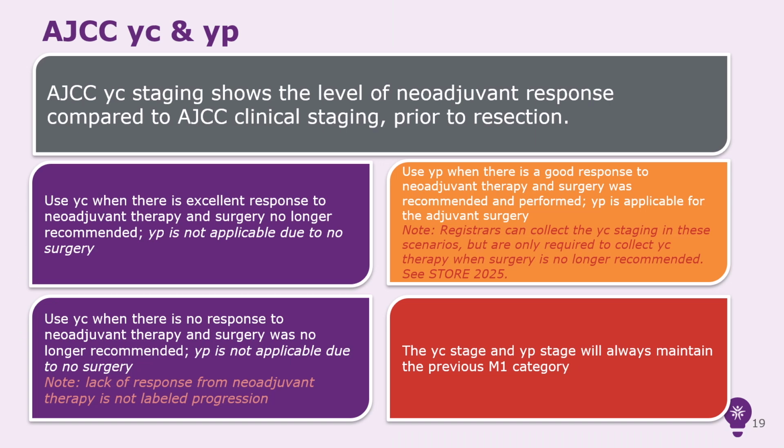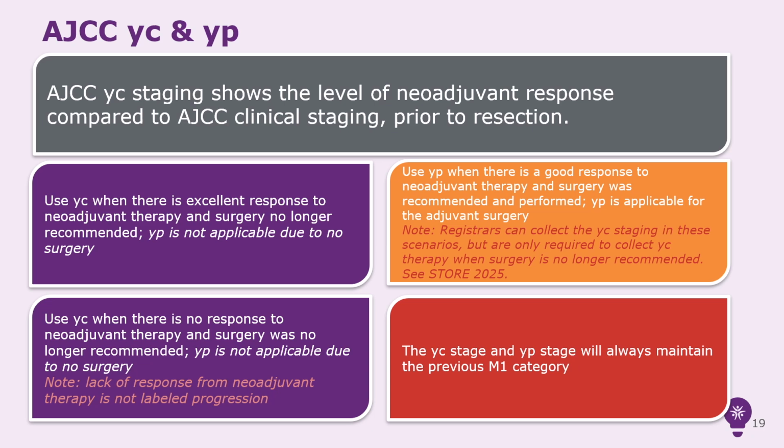So AJCC staging, yC, shows the level of neoadjuvant response compared to AJCC clinical staging prior to resection. We use yC staging when there is excellent response to neoadjuvant therapy and surgery is no longer recommended.